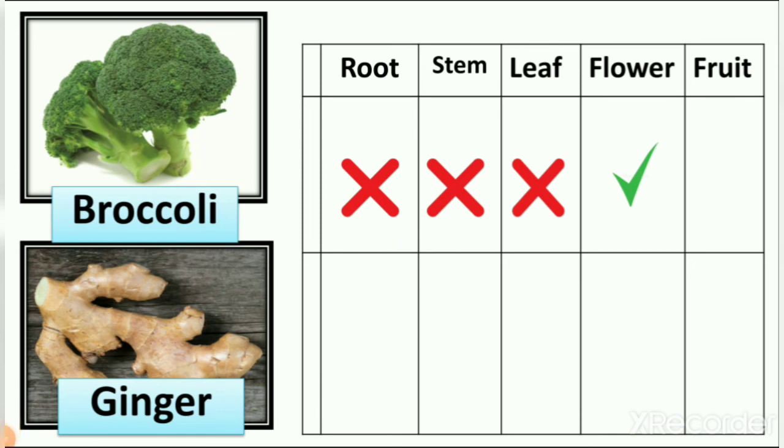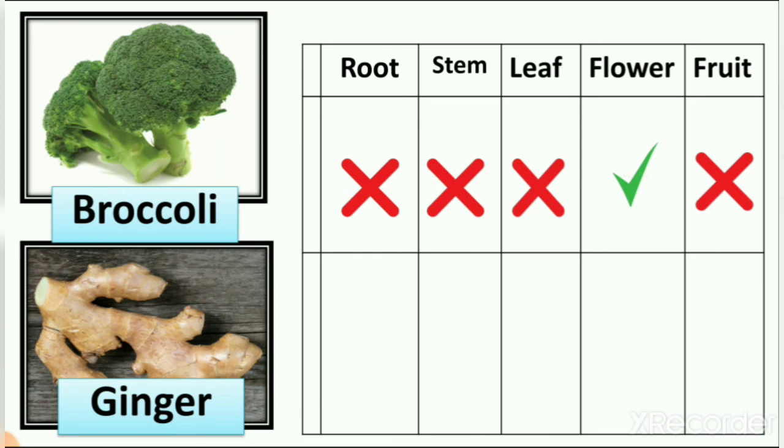The next one is fruit. So obviously if we tick mark in flower, then what do we do in the fruits box? We cross mark then. Then next is ginger. So ginger looks like roots, but it is not the root of the plant.